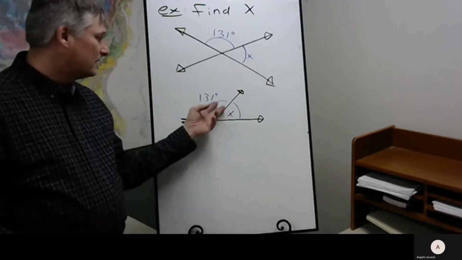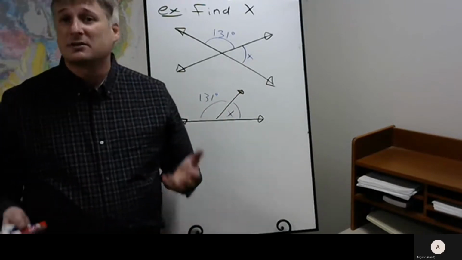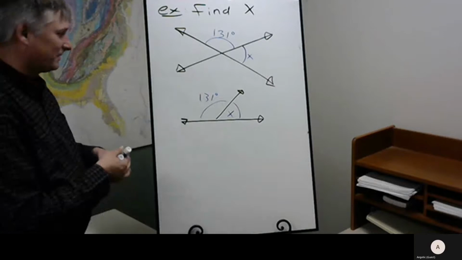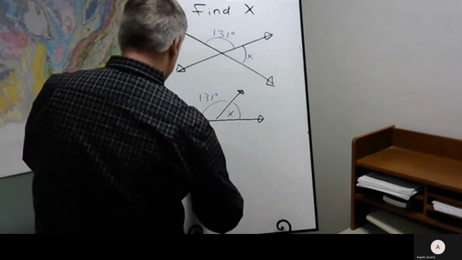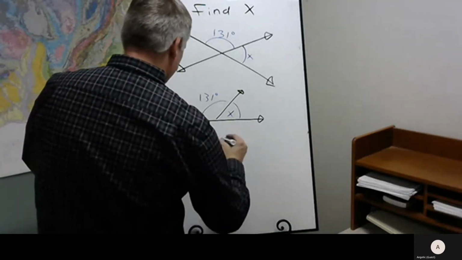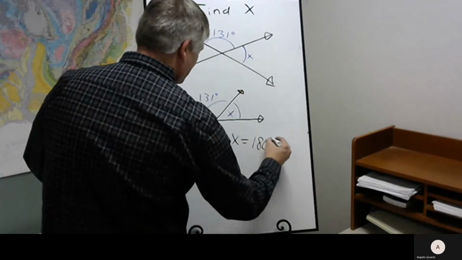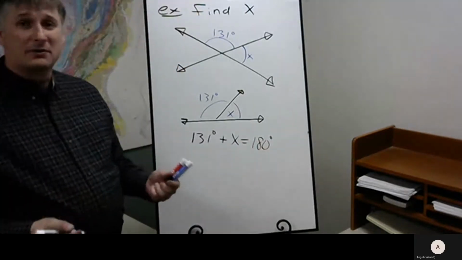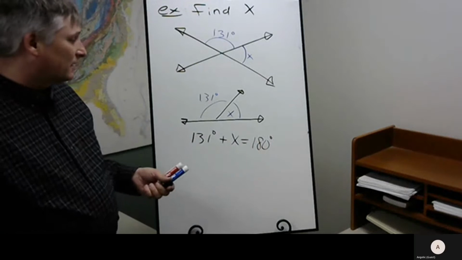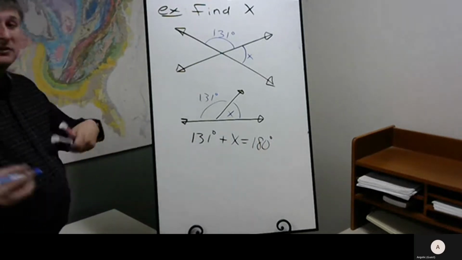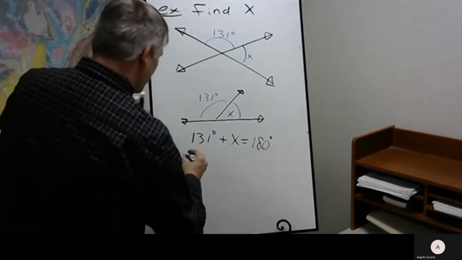In other words, these two angles are supplementary. So that means they add up to 180 degrees. So that being the case, again, we could subtract 131 from both sides.